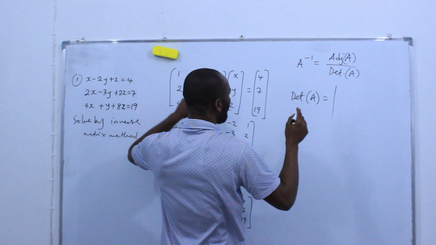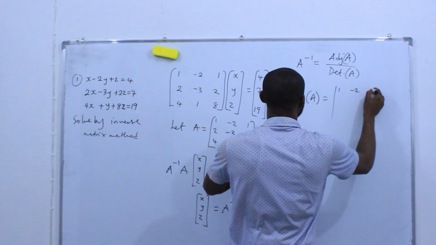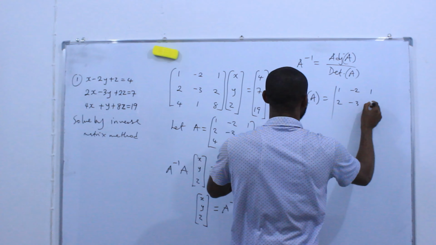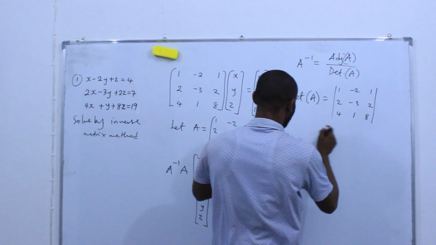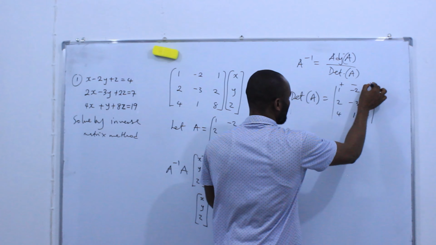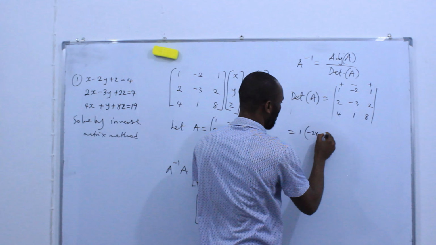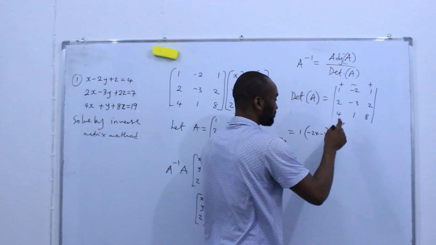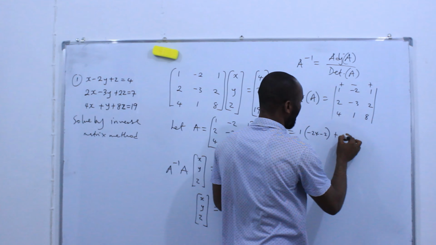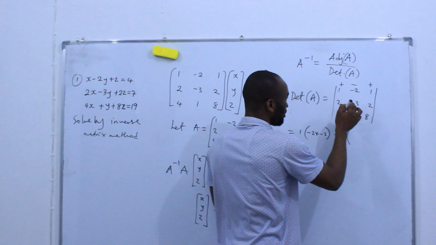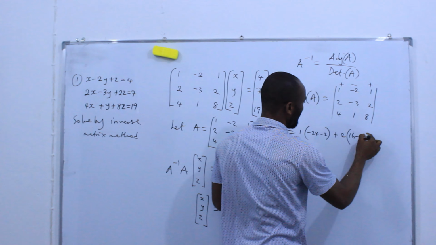Remember from our previous work, when we looked at the determinant of this matrix, we got 4. If you can remember, the determinant, plus, minus, plus, we have 1 bracket, minus 24 minus 2. Minus minus is plus, and you have 2 there. Now, this time this is 16 minus 8.